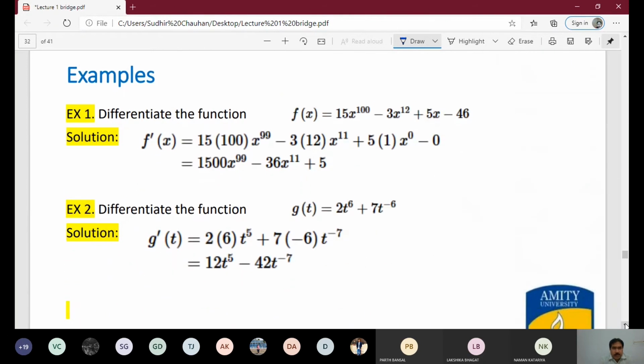Here we have some examples: differentiate these functions. These are simple. We can directly write the differential of x raised to the power n, which is n x raised to the power n minus 1. You all can do that.